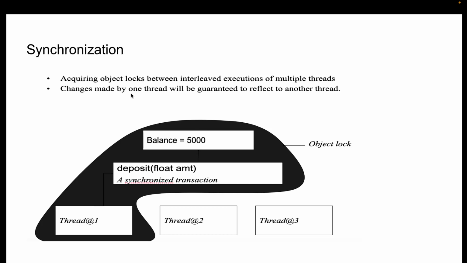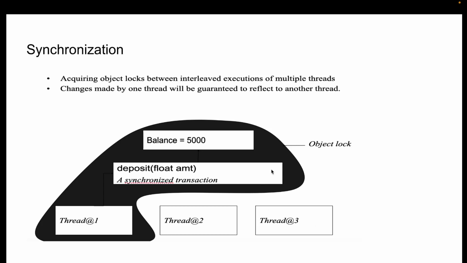Changes made by one thread will be guaranteed to be reflected to the other thread. So if all three threads deposit $1,000 at the same time, and there is no synchronization, what will happen? The other two threads can just see the amount as 5,000 plus $1,000, that is 6,000.